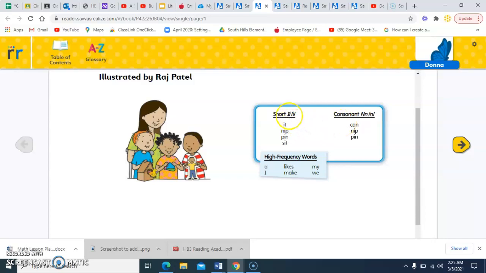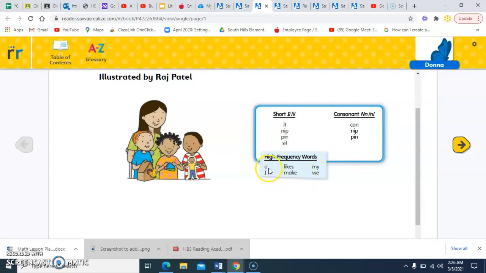Okay, so for letter I, short I, it has the words it, nip, pin, sit. Then for letter N, it has can, nip, and pin. Then our high frequency words, these are words that we just need to be able to look at and know them quickly.